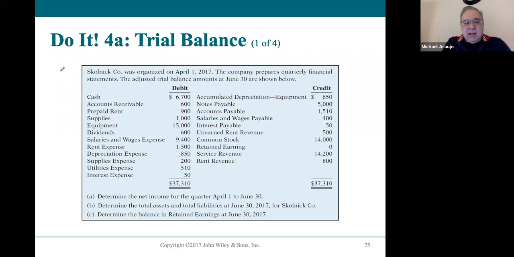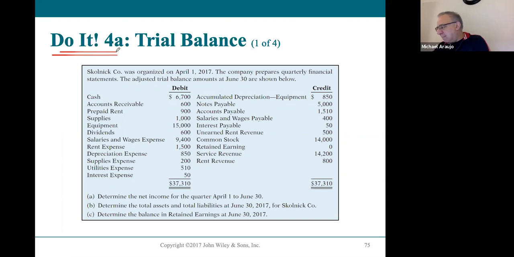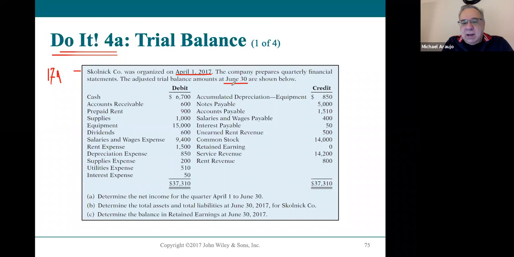This particular do it exercise in your book, by the way, I just want to explain a little bit of that. This is all on page 174, and it's something that you would study. That's a really bad 7 and a really bad 4, a little thin. But here we have this company Slotnick that was organized on April the 1st, and we want to prepare quarterly statements for June the 30th.